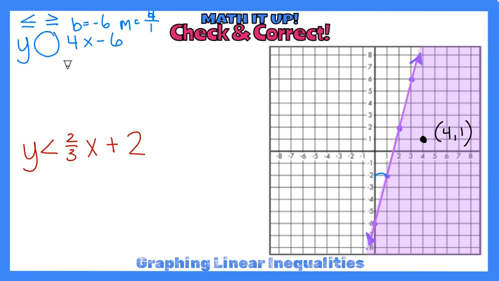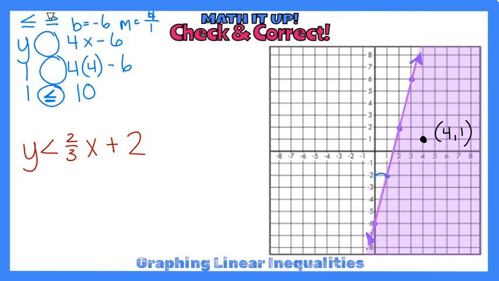So let's plug that in. I have 4, my x is also 4, -6, don't know what this is yet, but my y is 1. So I have 4 times 4 is 16, -6 is 10, and 1 is less than or equal to 10.